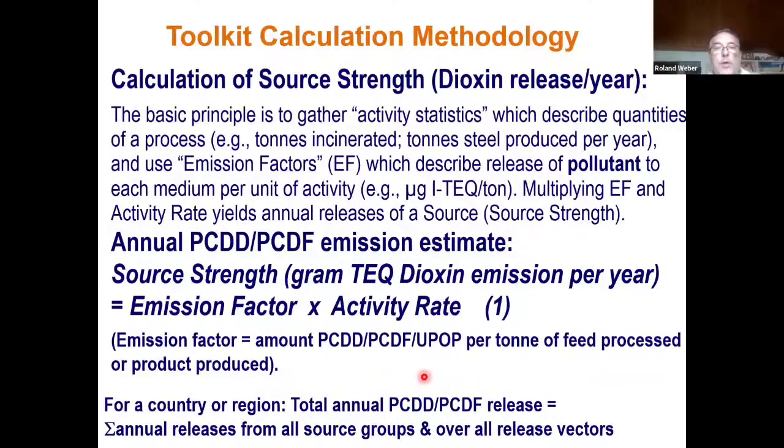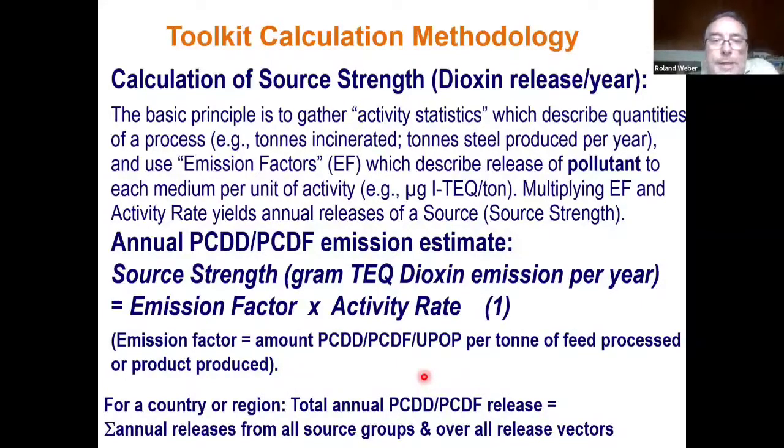So what you need to calculate is finally the dioxin release per year in the country. And this is by calculating the dioxin release of individual sources. So here you would gather activity statistics, which describe quantity of processes. For example, how many tons of hospital waste has been incinerated, or how many tons of steel have been produced per year.